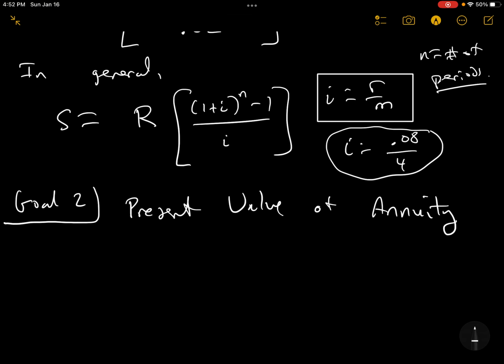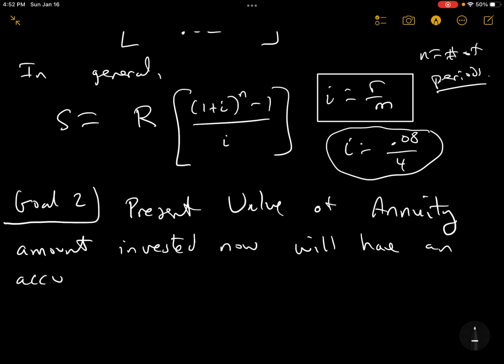The present value annuity. And so the amount invested now will have an accumulated value of this, right?